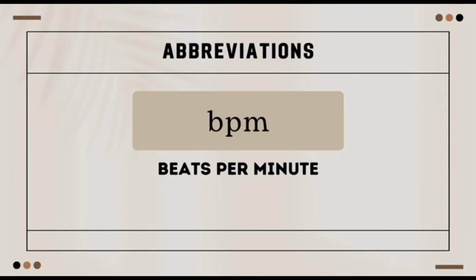They needed a way to communicate the tempo of their tracks to other musicians and DJs, so they started using the abbreviation BPM to indicate the number of beats that occurred in 1 minute. The term beats per minute became widely adopted in the EDM community and is now commonly used in all genres of music.